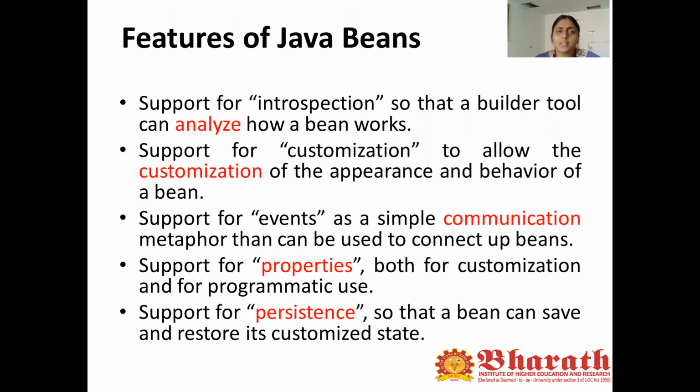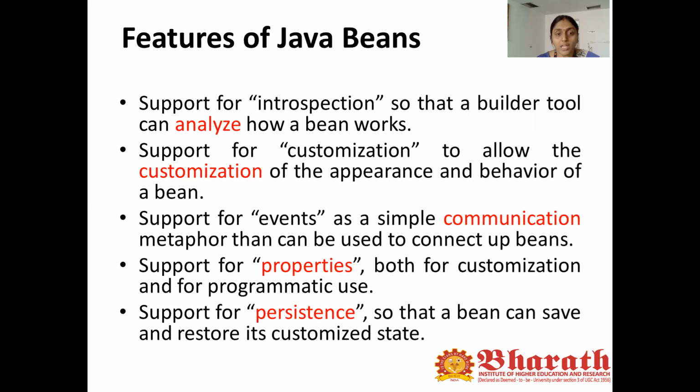And now we will see the features of Java Beans. As we already saw, the first and main feature is introspection, that is, the builder tool can analyze how a Java Bean works. The next feature is customization, where the appearance and behavior of the bean can be changed.